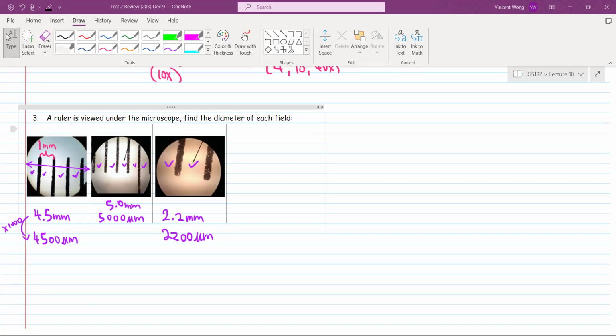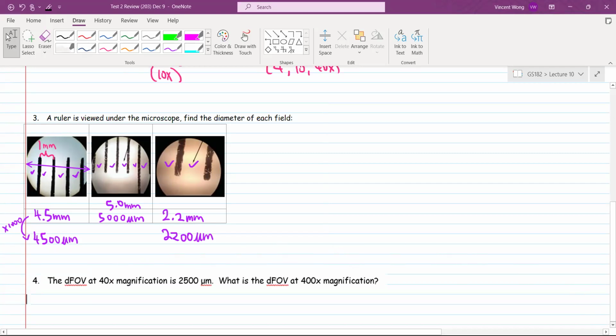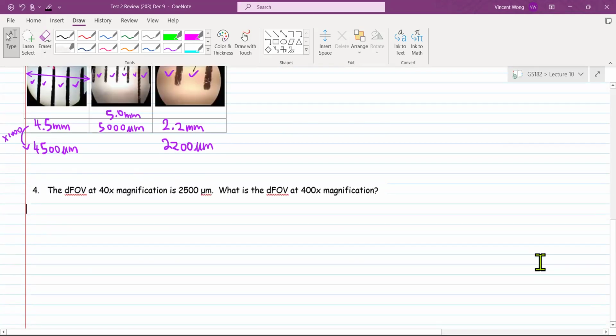Okay, next question, number 4. The DFOV at 40 times magnification is 2500 micrometer. Sorry, what is the DFOV at 400 times magnification?